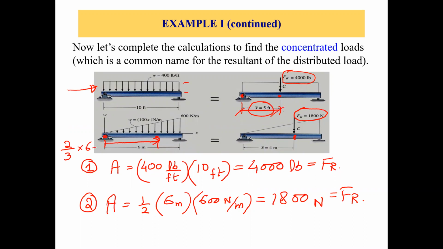We get 4 meters. So that's how we can say that x bar equals 4 meters. Okay, so with this, I think we are able to learn something about these distributed forces and how to find the resultant force, the concentrated load, and its location. Okay, all right.